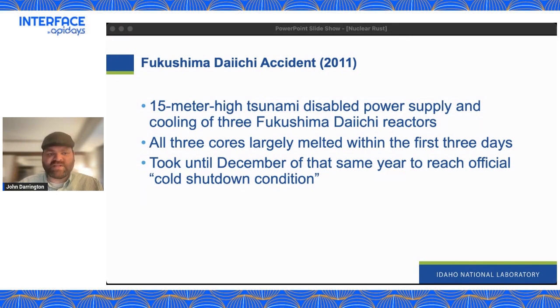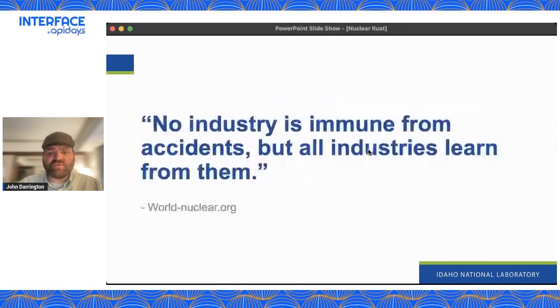But why do I bring this up? I think it has to do with this: no industry is immune from accidents, but all industries learn from them. The Idaho National Laboratory has had a large part in nuclear history in the United States.